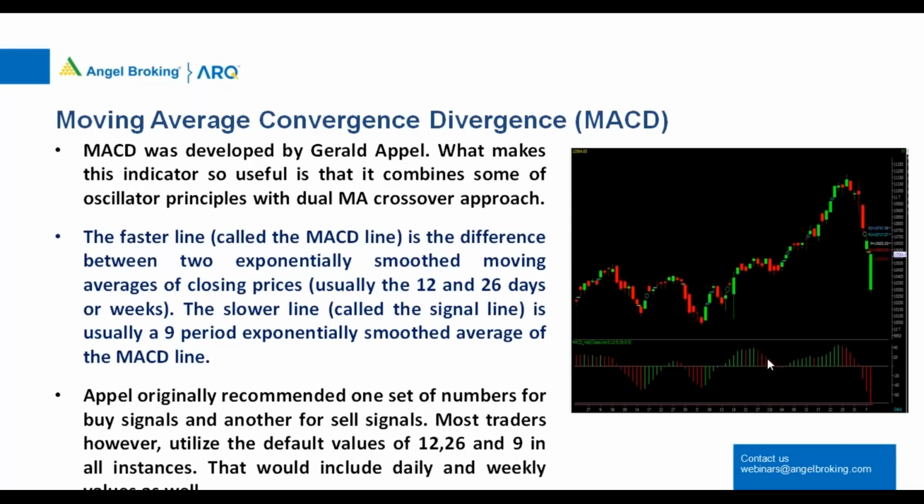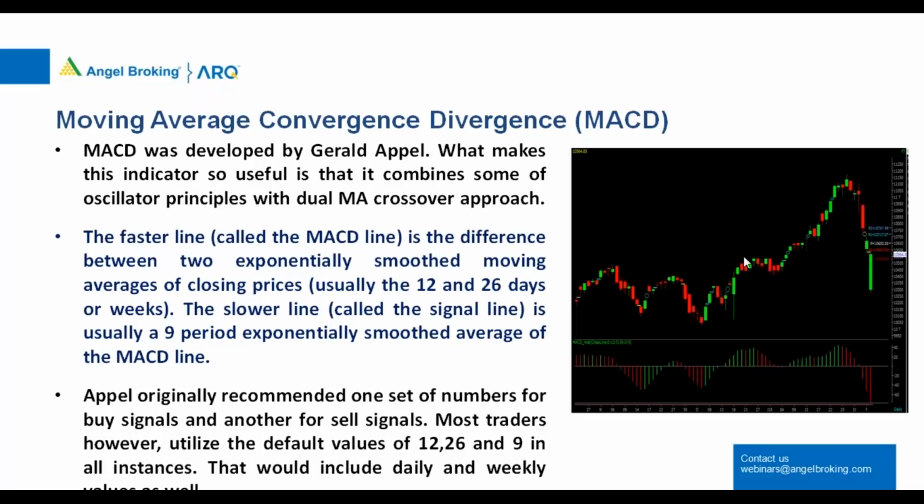Once the histogram moves to the positive and then starts moving up, that means the trend is up. And if each and every bar keeps increasing, that means the trend is very strong.